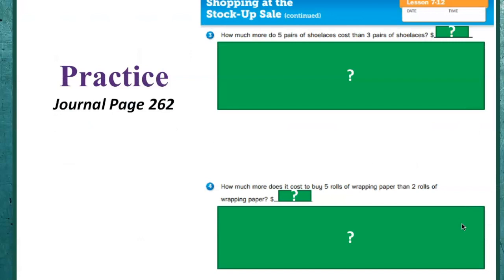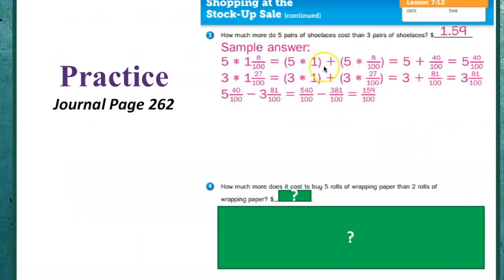So again, we need to take 5 times $1.08, which they did here. $1.08 is the same thing as 1 and 8/100ths, and you would get 5 and 40/100ths, which I would write as $5.40. They did not, but remember, that's a little easier than keeping it as a mixed number.